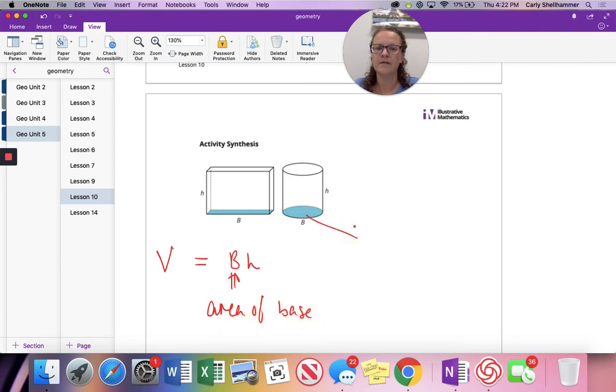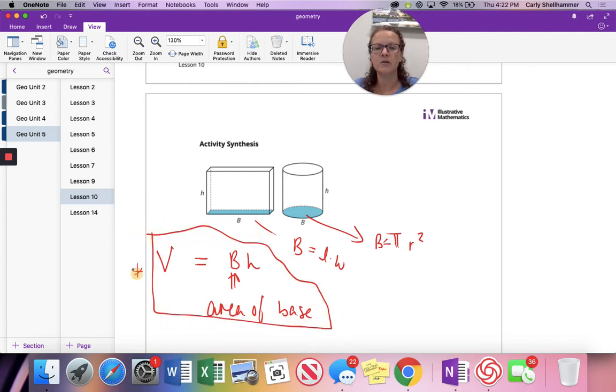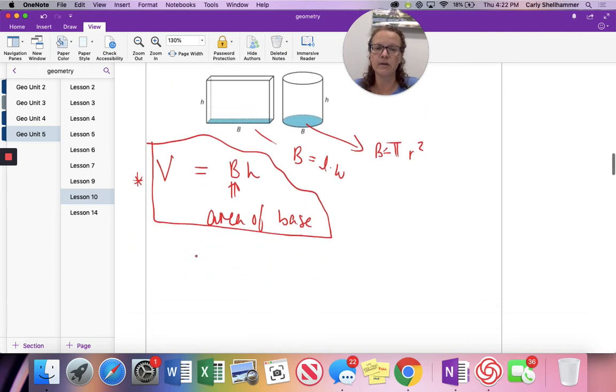The area of this base is a circle, so big B is pi r squared. The area of this is a rectangle, so big B equals length times width. So if we only have to remember volume is big B times H, we won't have to memorize any volumes. It's just a rule of thumb.